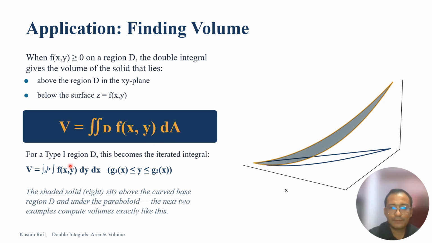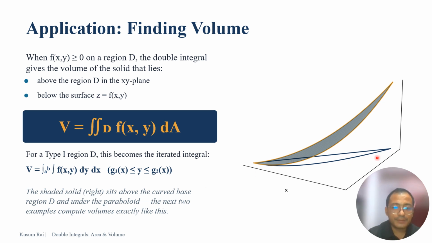For a type 1 region D, this becomes an iterated integral. Now V is equal to the integral from a to b of the integral of f(x, y) dy dx, where y is greater than or equal to g1(x) and smaller than or equal to g2(x).